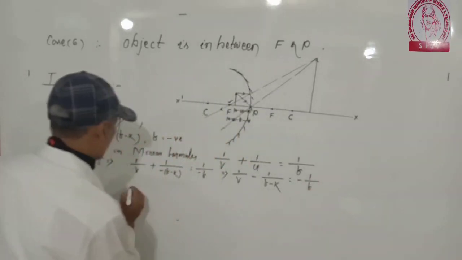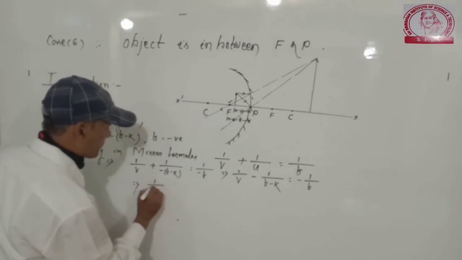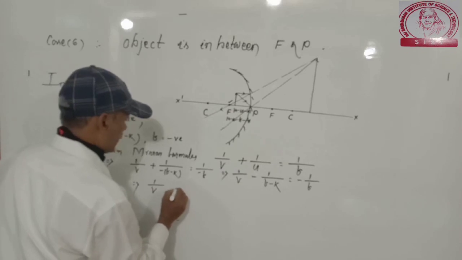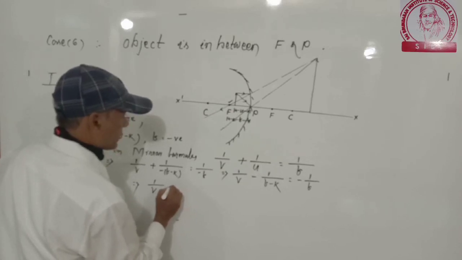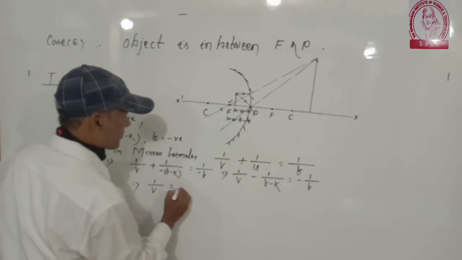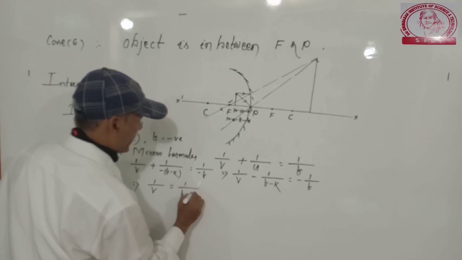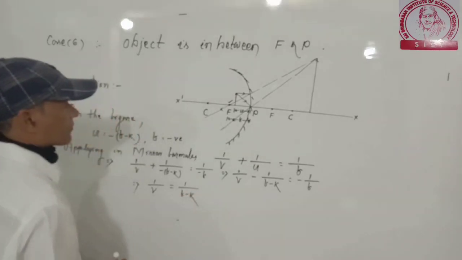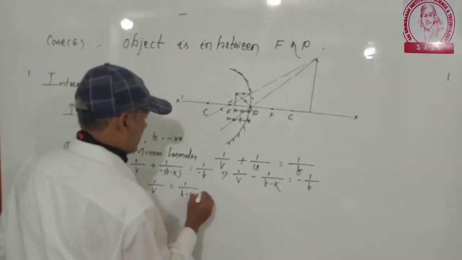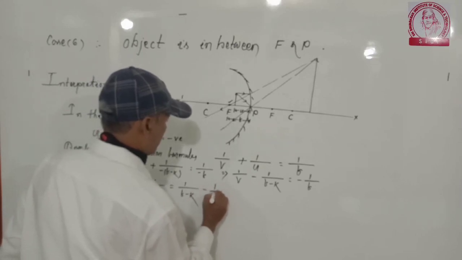So now it implies 1 by v is equal to 1 by (f minus k) minus 1 by f.